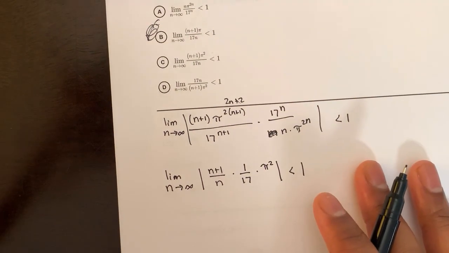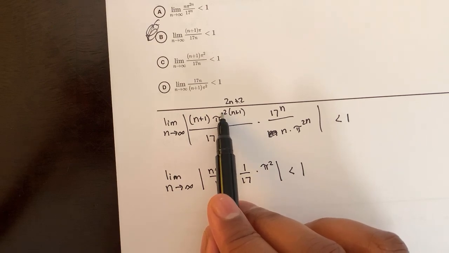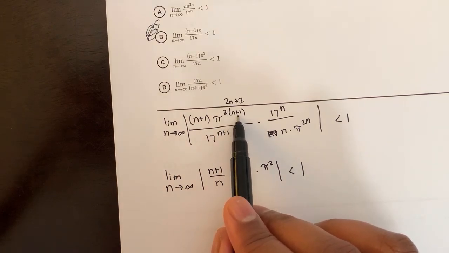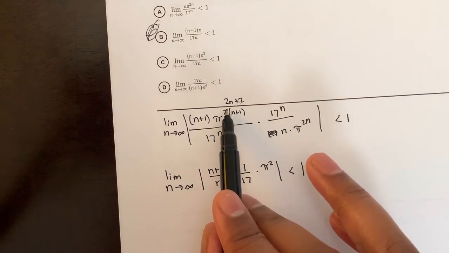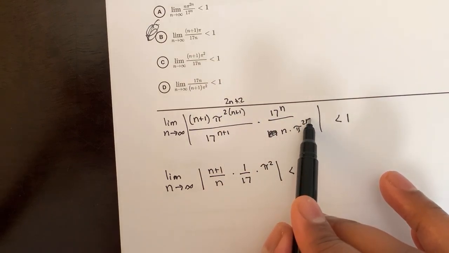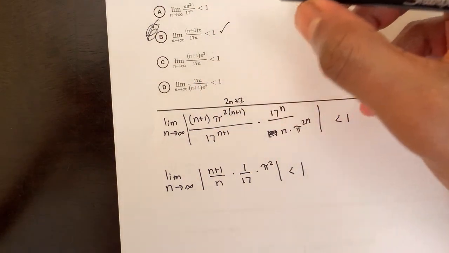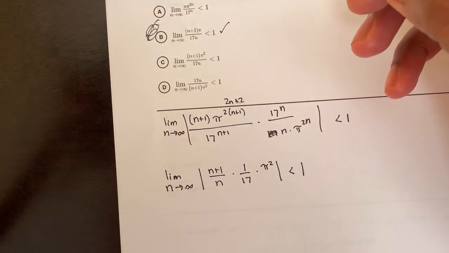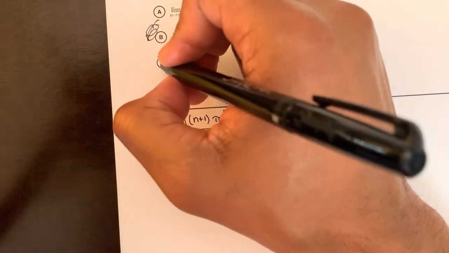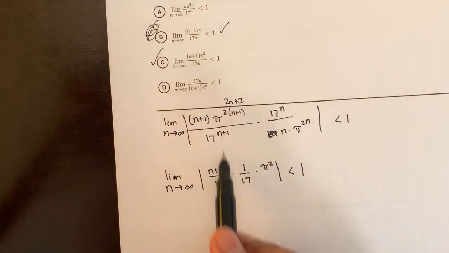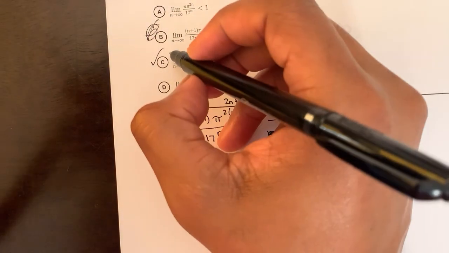So we had pi to the 2n. So if we substitute in n plus 1, we get 2n plus 2. Divide these out, you get pi squared. B is the answer, but I feel like a pi squared is missing. So we should have 1. Oh, I'm sorry. C is the answer. I'm looking right at it. It's n plus 1 pi squared over 17n. So C is the correct answer.